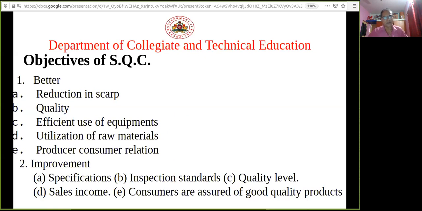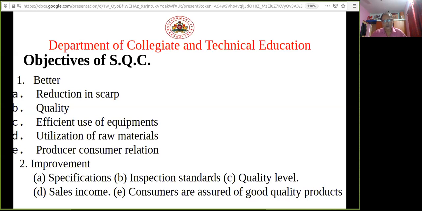And we have studied that the benefits are that we improve the specifications of the products. There is always an improvement in the specifications because of the many things involved in SQC. Inspection standards will be increased because we are using many sophisticated tools here.